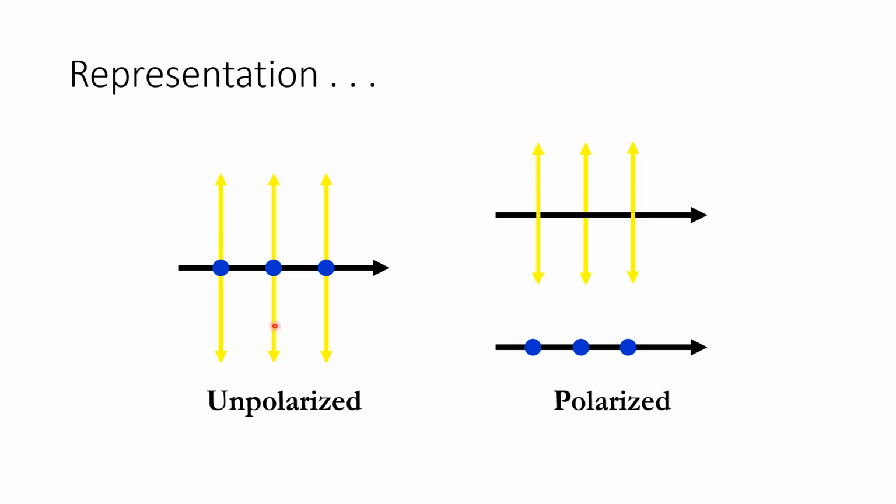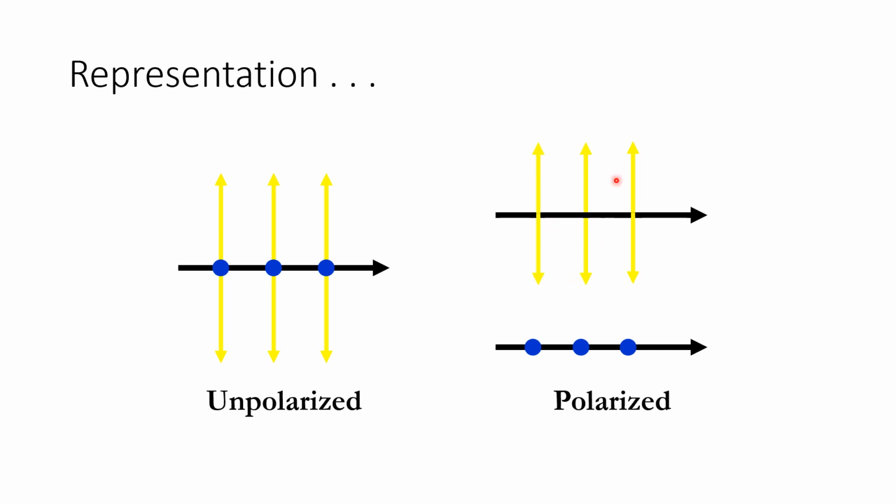This is unpolarized light. Again, a symbolic representation of unpolarized light: the vibrations in the plane of the screen, and the vibrations perpendicular to the plane of the screen. So this is also the way by which unpolarized light is represented. These two figures are a symbolic representation of plane polarized light.